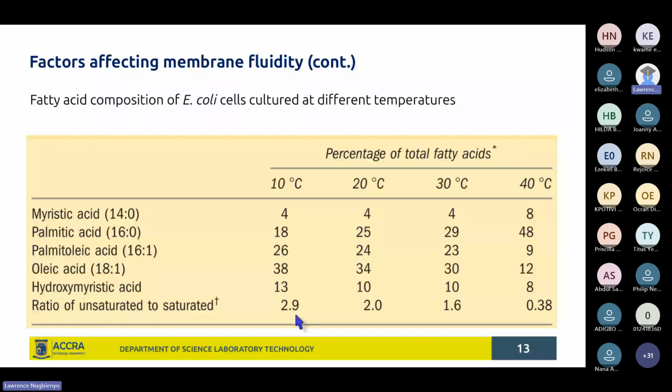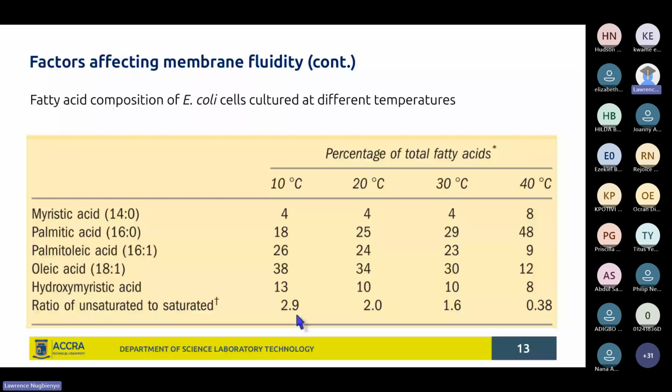It's a fraction: the amount of unsaturated fatty acids divided by the amount of saturated fatty acids. The higher the value, the more unsaturated fatty acids you have, that is, more fatty acids with double bonds in them.